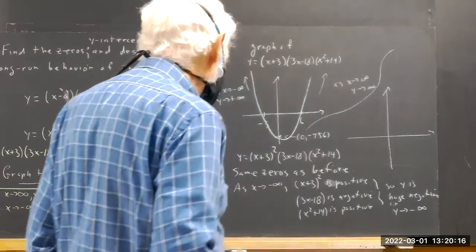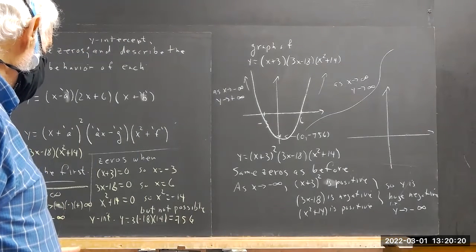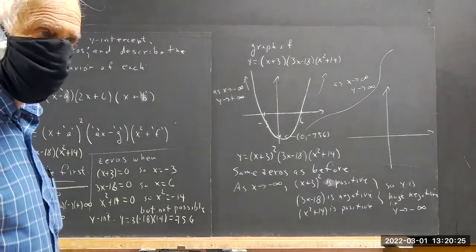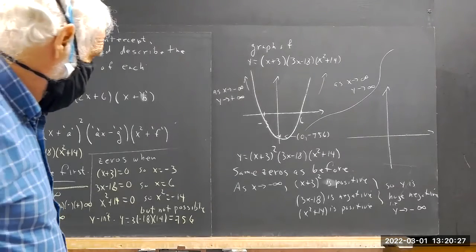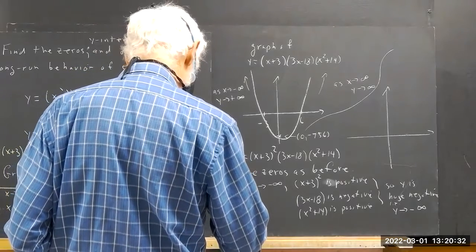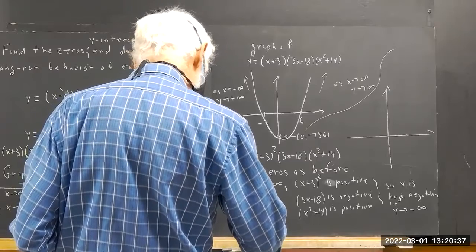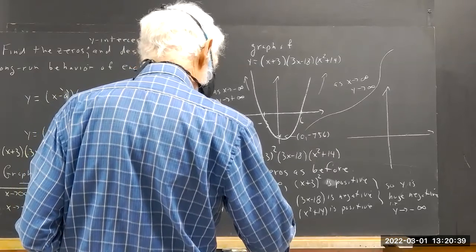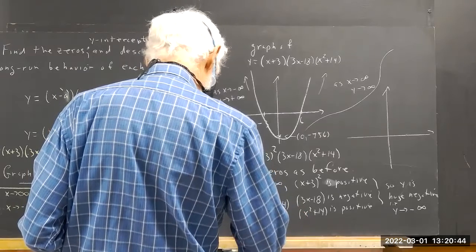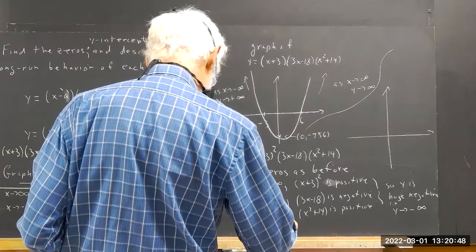Oh, and the other thing is the y-intercept is now going to be 2268. Also, y-intercept, 3 squared times negative 18 times 14, which equals positive 2268.